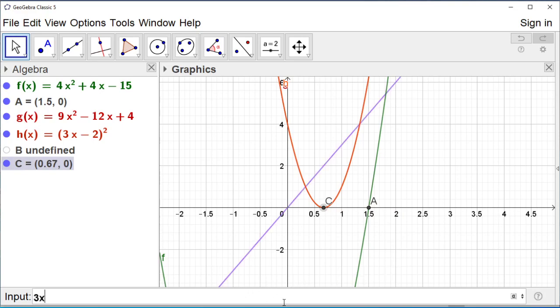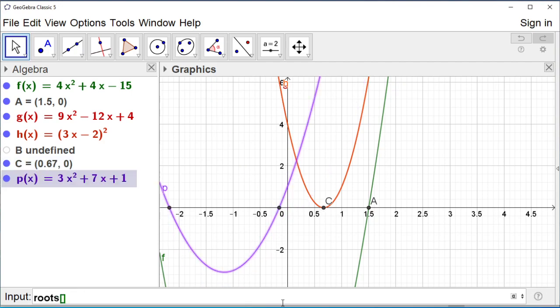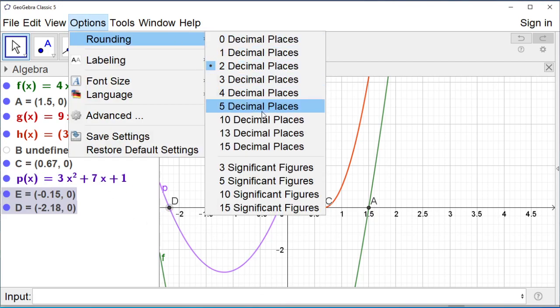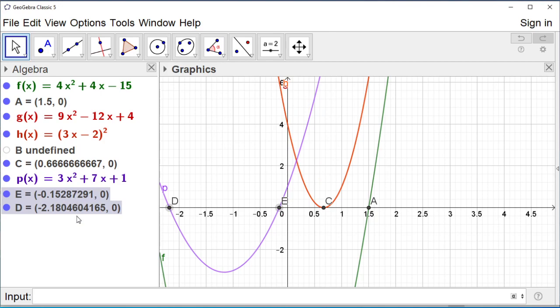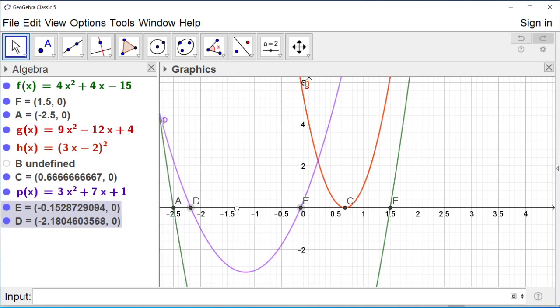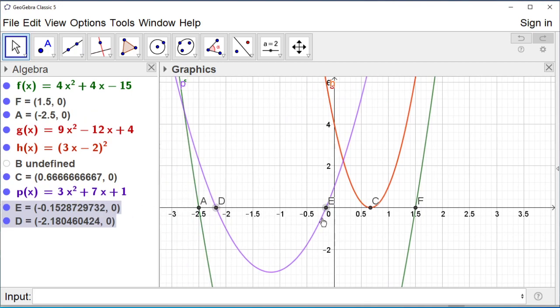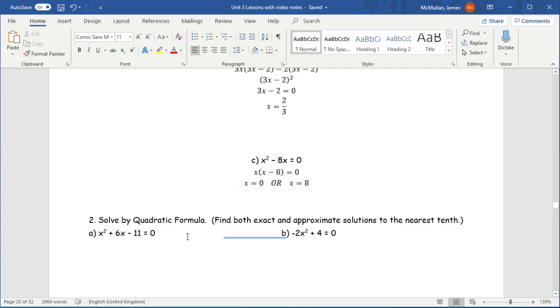We can make up a quadratic here, so 3x squared plus 7x plus 1. It has roots, right? But those roots are not numbers that I'm going to be able to find easily, because there are no two numbers that multiply to 3 and add up to 7. I can't use factoring to get this, although you can clearly see that there are, in fact, answers.